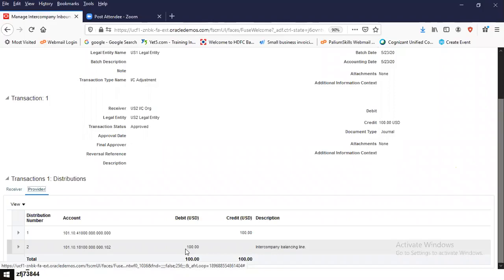You could have rules between one legal entity and another legal entity, from ledger to another ledger. Between the different primary, secondary ledgers, you can have your rules set up so that the corresponding debit and credit transactions are automatically generated.